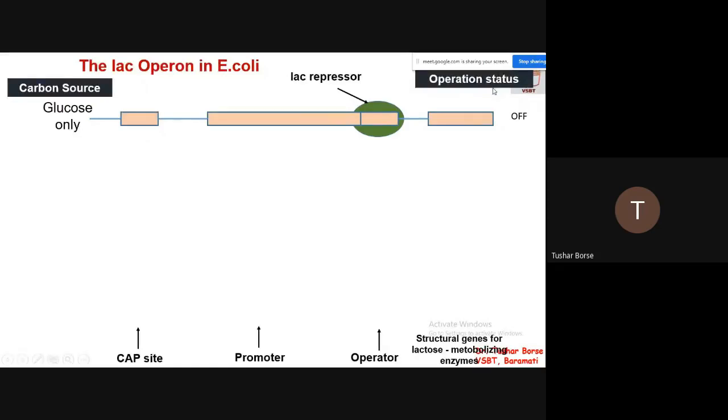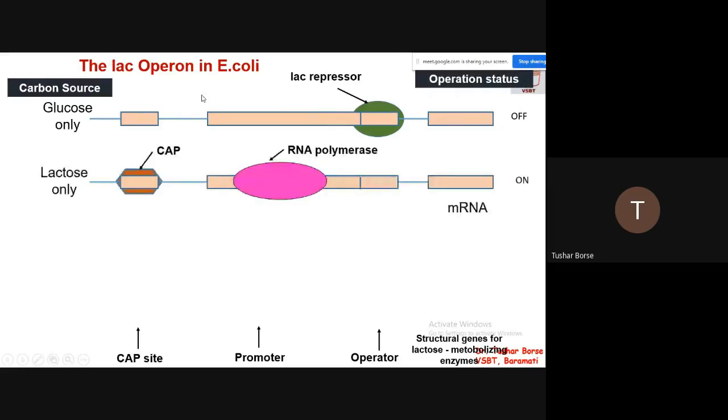So what happens in the lac operon? Instead of using an easy source of carbon, that is glucose, we add lactose into the medium. But the E. coli system cannot easily use this lactose.